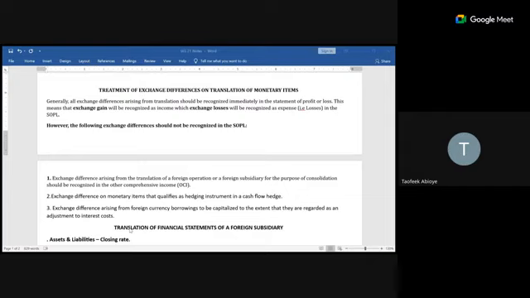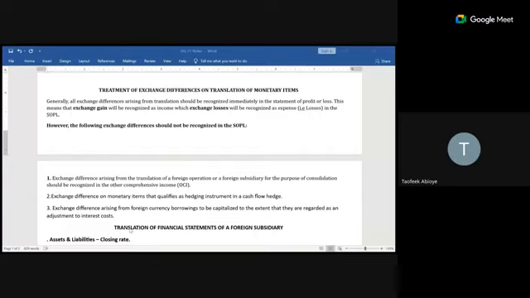Why? Because the foreign currency will keep fluctuating. Dollar tomorrow is 1.5, dollar next tomorrow will be 1,550, dollar next tomorrow again will be 1,006. It will be changing, so as it is changing, there will be exchange difference. And exchange difference is very simple.